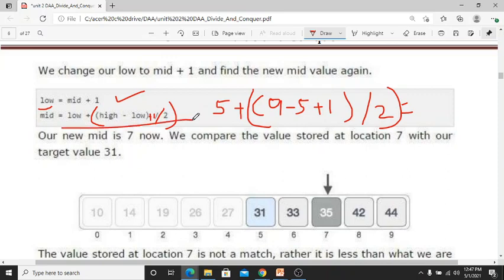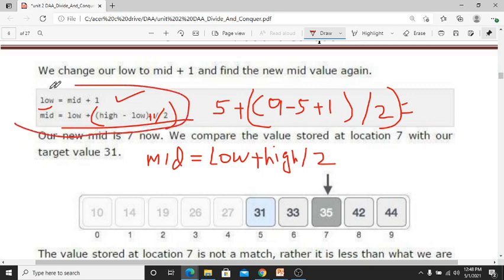In place of this you can use mid. Mid is equal to low plus high, divided by 2. You can use the simple way like this. Why are we using this format here?